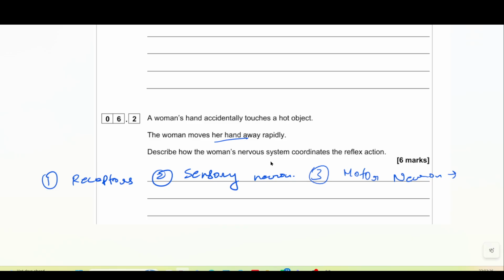The woman will pull her hand away from the hot object.